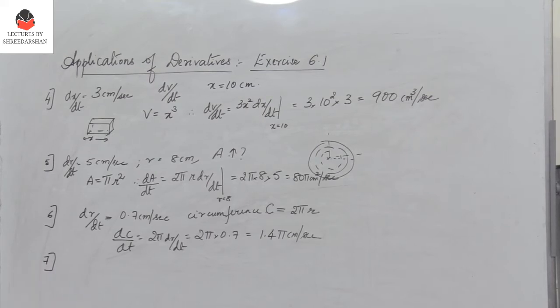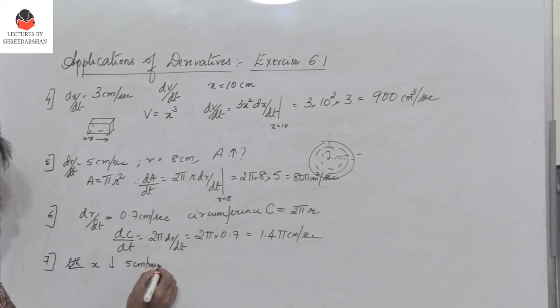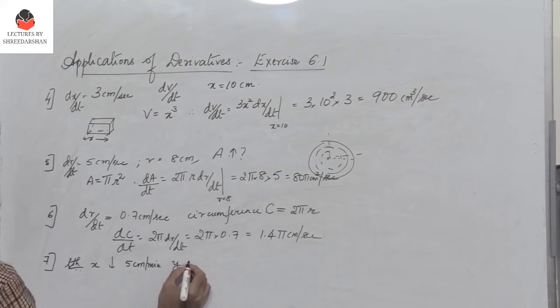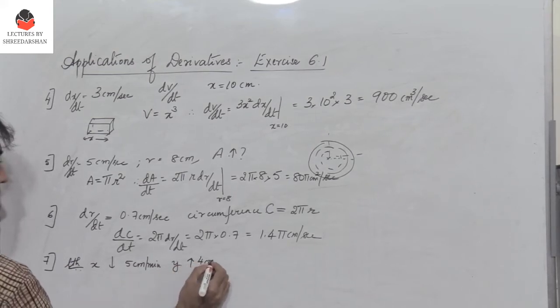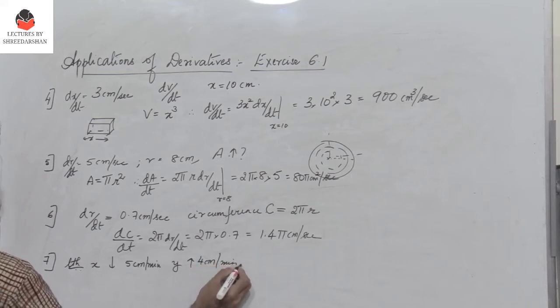The length x of a rectangle is decreasing. So let the length be called x. It is decreasing at the rate of 5 centimeter per minute, and the width y is increasing at the rate of 4 centimeter per minute.